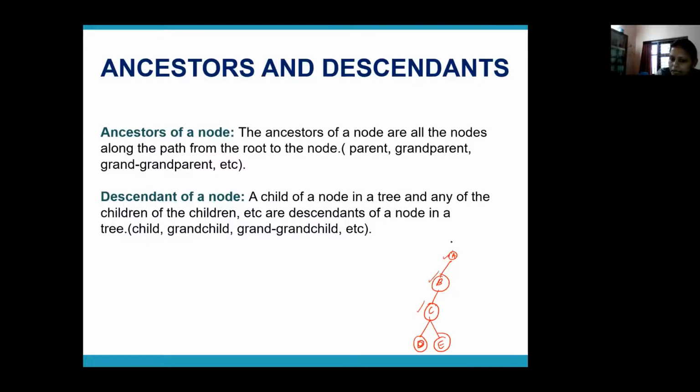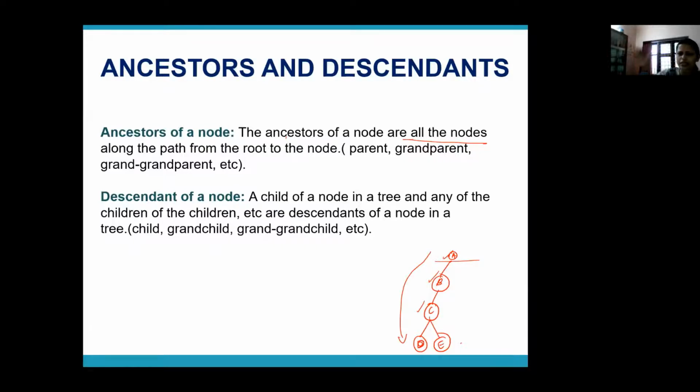C, B, and A are the ancestors of D. Along this path from root to this node, whoever are there, they are the ancestors of that particular node. Now, descendants: a child of a node in a tree and any of the children are descendants of a node in a tree. So who are the descendants of A? B, C, D, and E are the descendants of A.